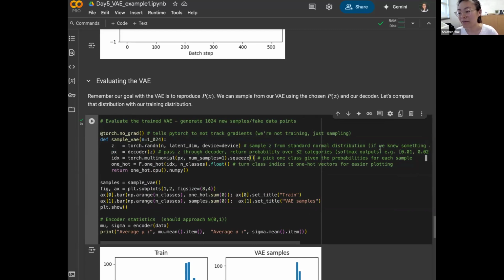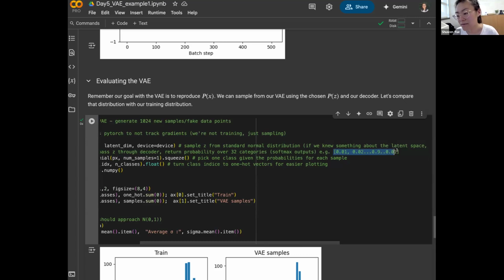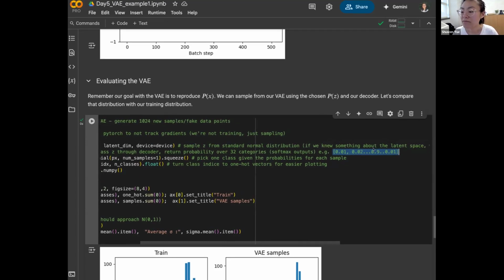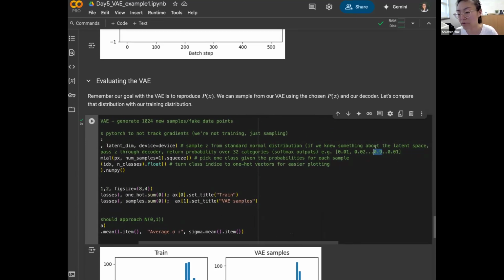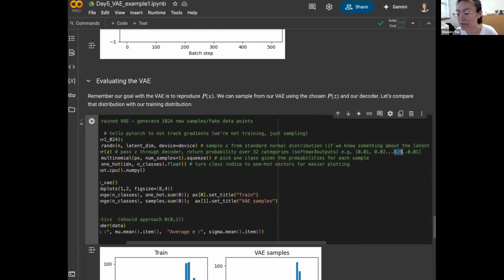You might think, okay, if this was our probability 32 vector, then we just always pick the highest number as whatever class it falls in. But remember, we're doing this for 1024 points, so instead of always taking the highest probability, we should actually sample the whole distribution. So, you know, 10 out of those 1,000 data points are going to be class 1 instead of whatever class this is.